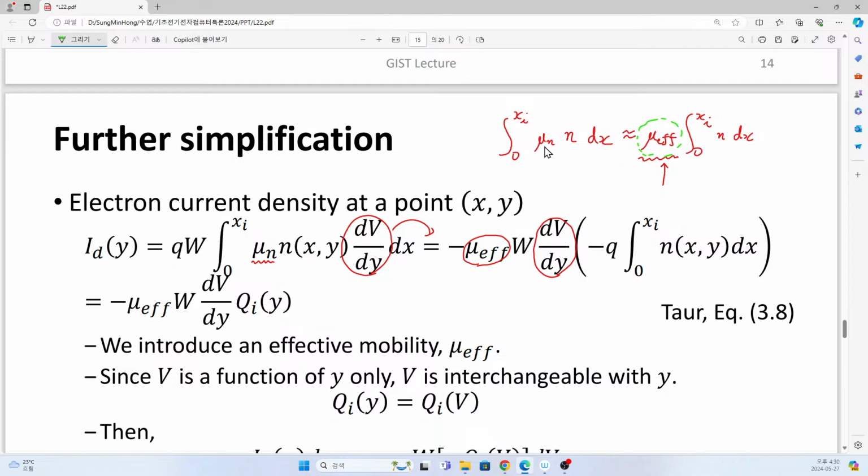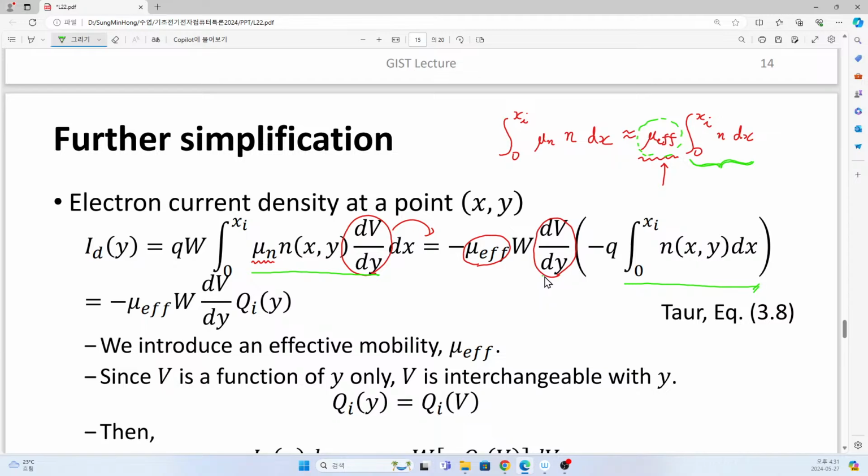Then in this case we can pull out this one. Previously we had to perform the integration of a quite complicated quantity, but now we have integration of a relatively simple quantity, just electron density. Wow, this is a huge simplification.